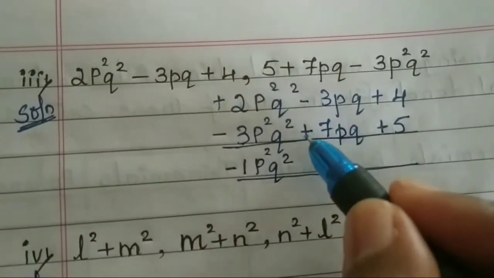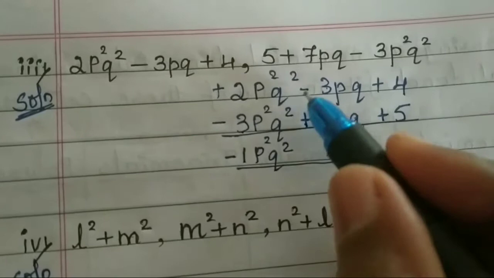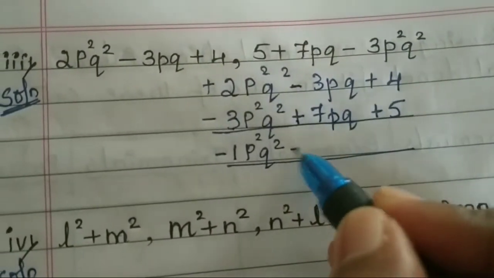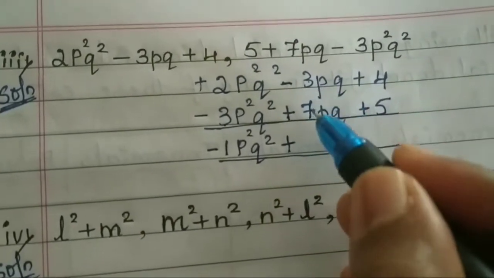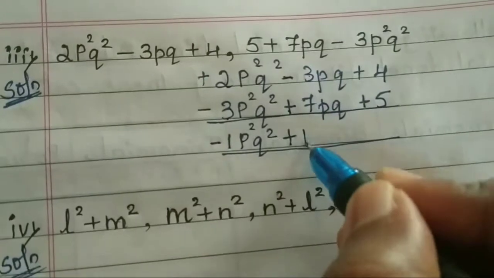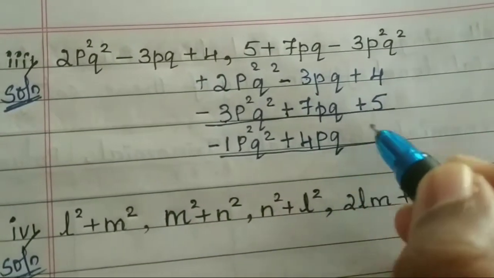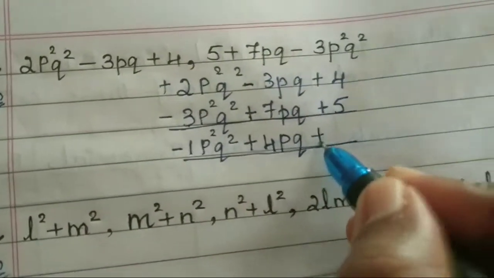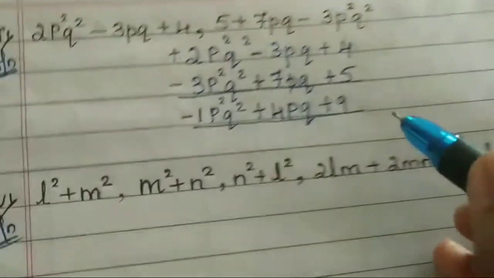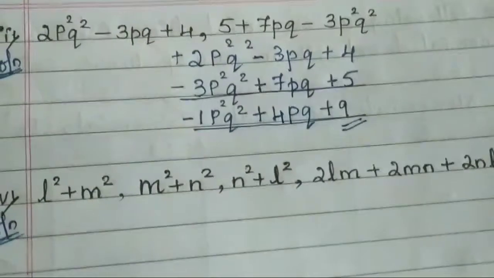And minus 3 plus 7: here also you can see 1 minus sign and 1 plus sign, so you put the greater number's sign and subtract. 7 minus 3 is 4pq. And plus, you will always get plus: 4 plus 5 is 9. This is the answer for the third one.